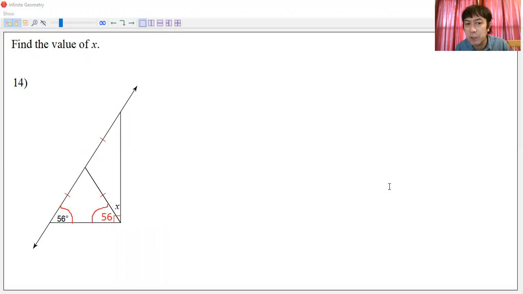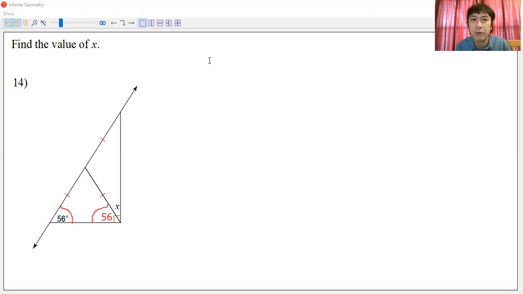Now, that 56 degrees is part of the right angle. You can see the mark. That means x and 56 are complementary. The sum of x and 56 is 90, because of the mark, the mark here at the corner. That means right angle. And so we can make use of x and 56 as complementary angles.